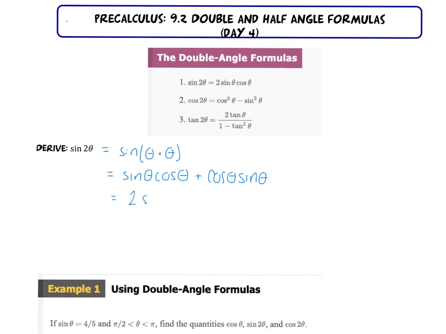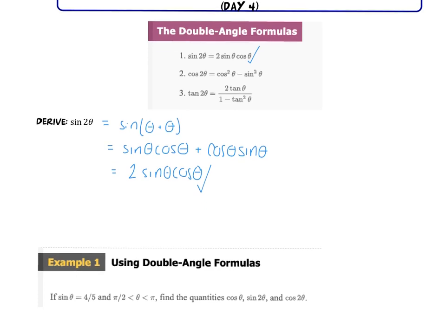So that just means I have two of them. So 2 sine theta cosine theta. Okay, so that is derived. That's where it comes from. Again, don't worry about memorizing. Just know how to use them as we move forward.